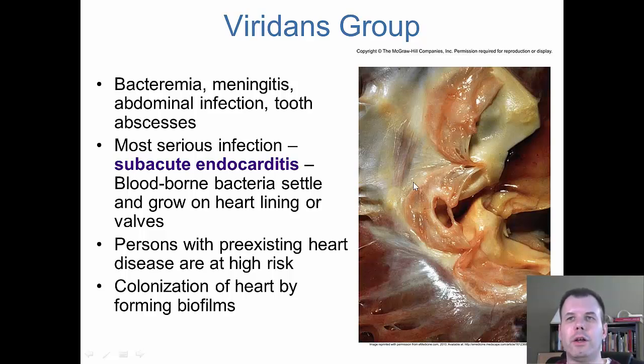So you have issues there, and people with higher risks who have pre-existing heart disease, those that have already had heart attacks or other problems with their heart, maybe an enlarged heart or high blood pressure, can have more problems or more complications. And again, when they get to the heart, they start forming biofilms on there and causing problems. So that can be the problem there.